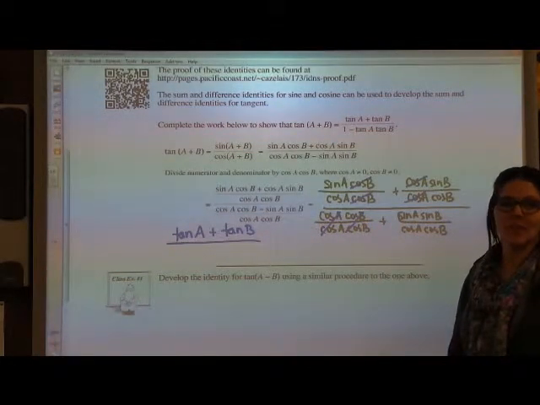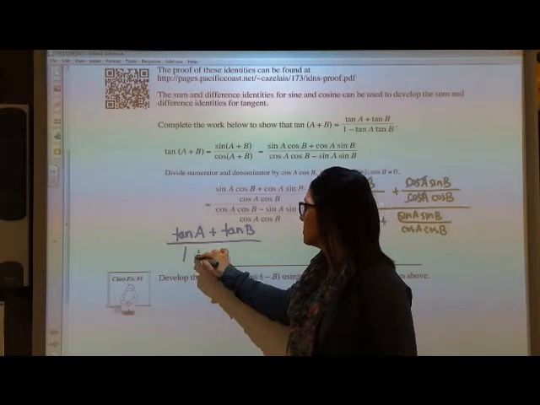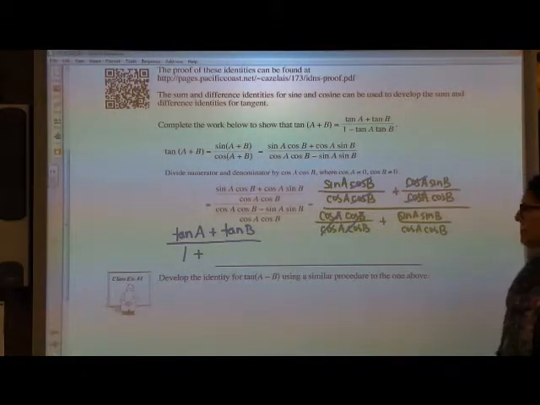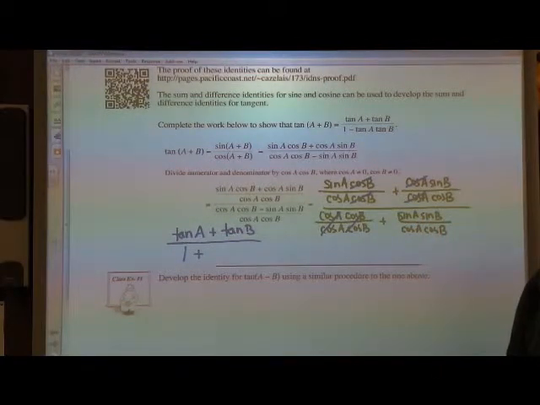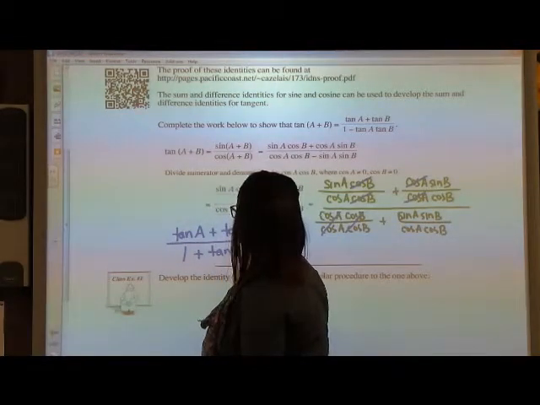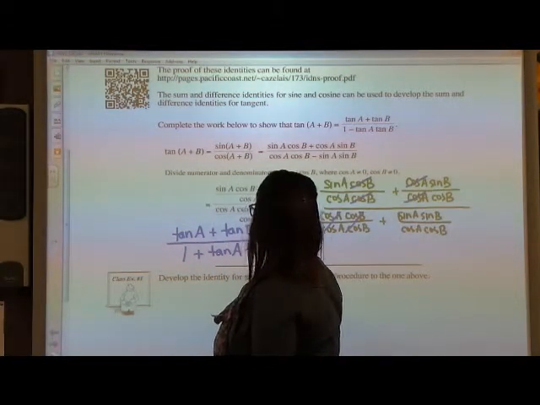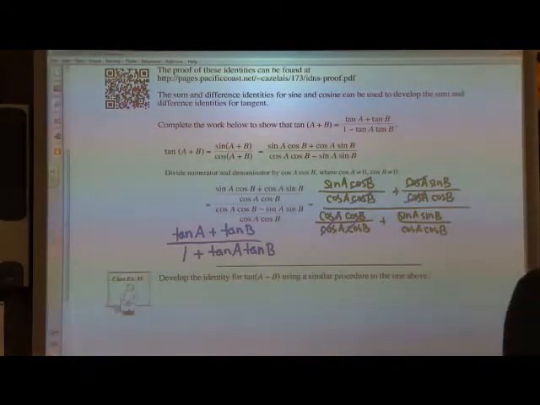If I take something and divide it by itself, what do I get? 1. The last term, nothing can cancel. Well, what's sine divided by cos? So I get tan A tan B, which is what I was trying to prove.